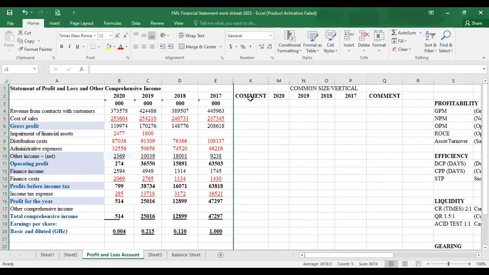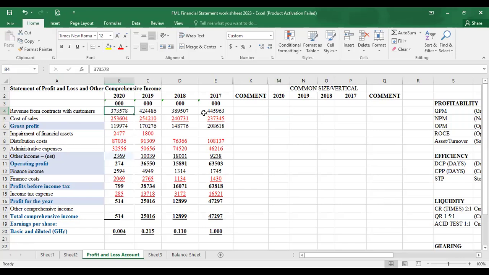Okay, so we want to start with the common size analysis. With that one, we said when you pick the item, we will focus on one particular year. So with common size 2020, we'll focus on just 2020. Because this is a statement of income, profit and loss statement, the base would be the revenue.